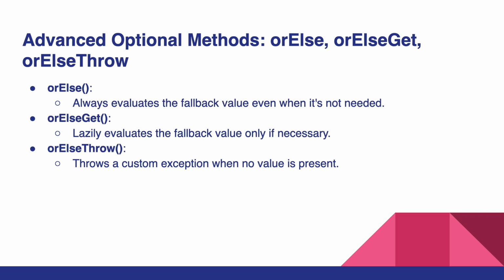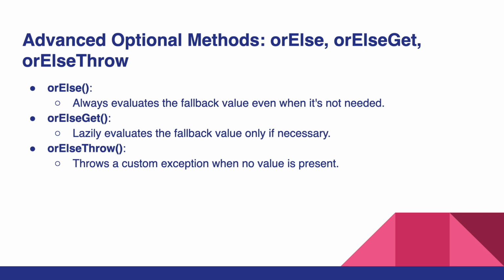While simple, it may not be the best for performance in all cases. The orElseGet method. Here is where lazy evaluation comes into play. This method only evaluates the fallback value if needed, making it more efficient.